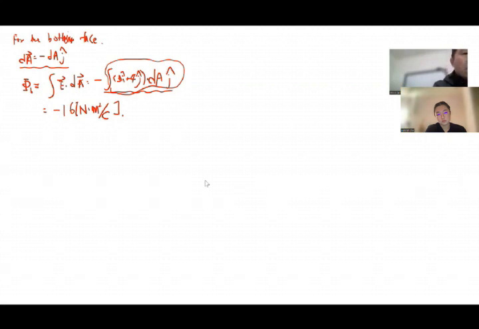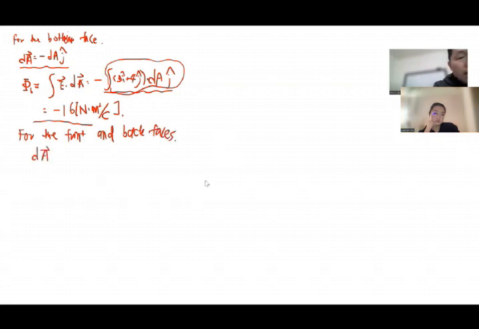We first define the area vectors for those two faces. For the front face on the positive z-axis, the area vector element is dA k, and for the back face it is minus dA k.